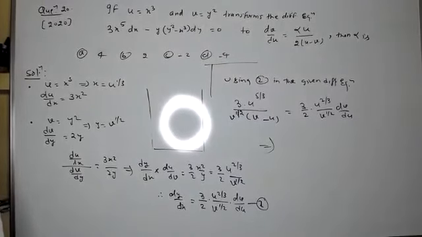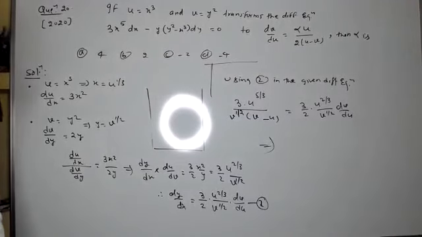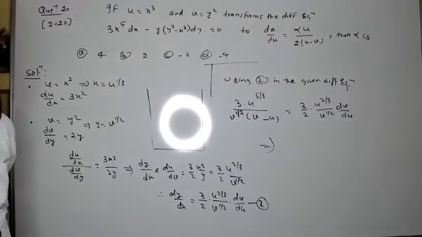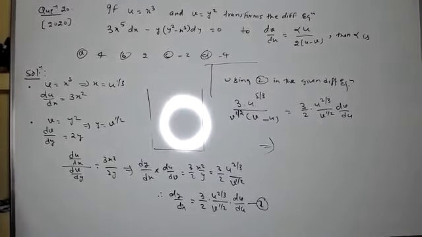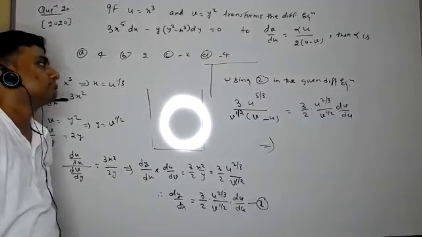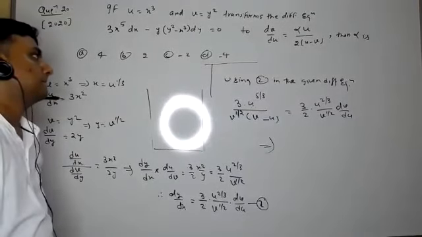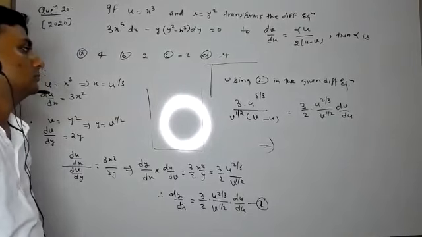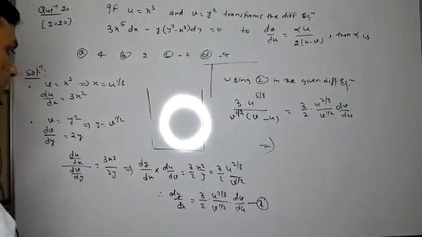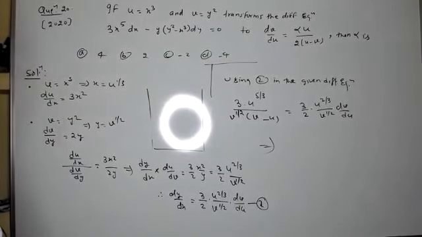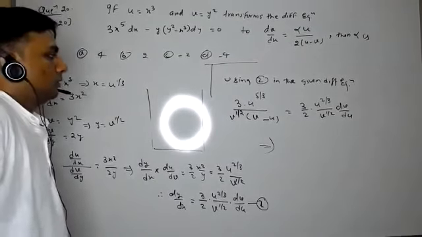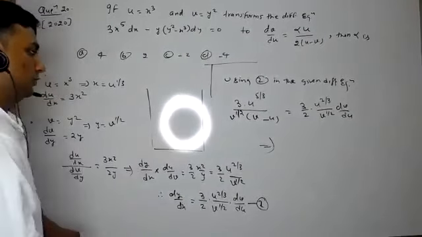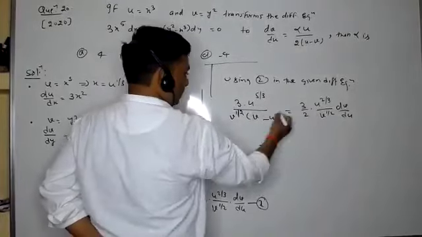Three got cancelled. The value is -2. Divide, you need 2 more in that, okay? So now if you observe, 3 got cancelled, 2 on this side.